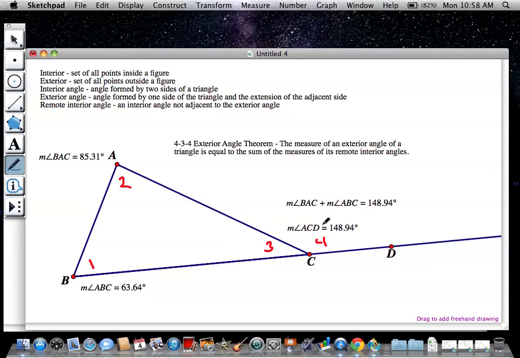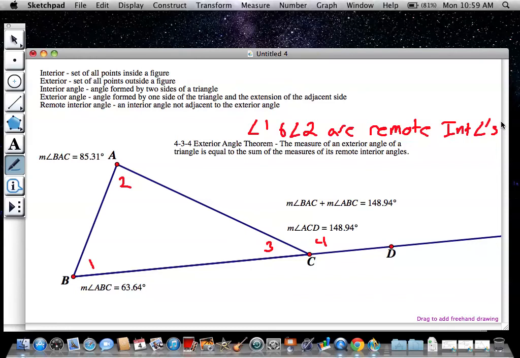Now, a remote interior angle, since 4 is the exterior angle, remote interiors are angles that are not adjacent to it. So 3 is the only angle that touches angle 4, so angle 1 and angle 2 are remote interior angles.